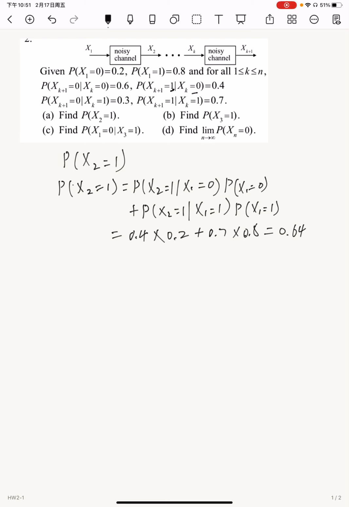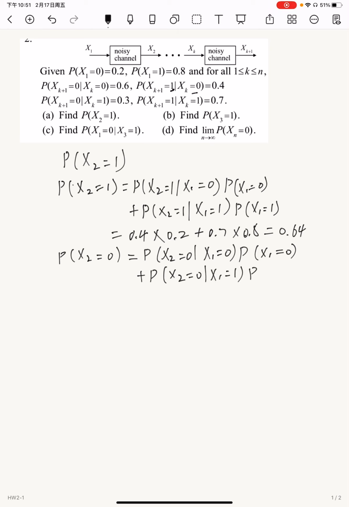We can also know that the probability of x2 equals 0 is the probability of x2 equal to 0 when x1 equals 0 multiplied by P(x1 equal to 0), plus the probability of x2 equals 0 when x1 equals 1 multiplied by the probability of x1 equal to 1.